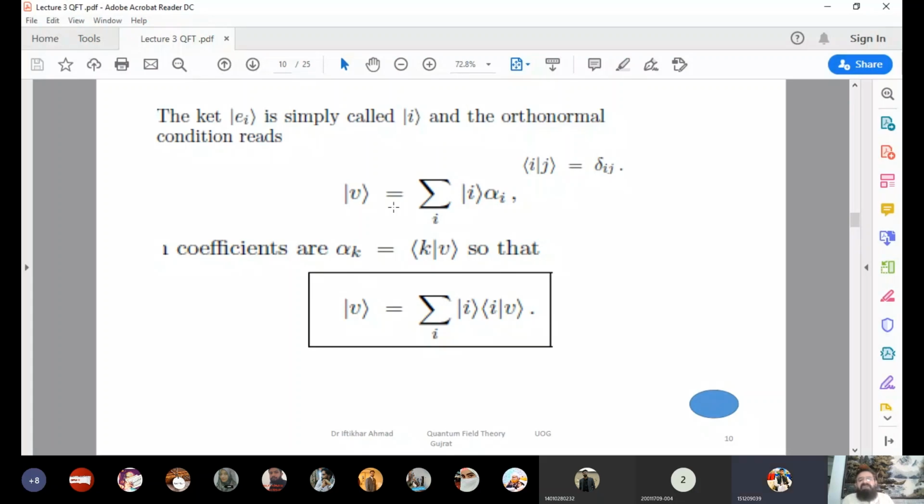That is equal to sigma I, and then alpha I, you put the alpha outside the bracket, and then the ket EI. So EI into EI is also equal to I. So ket I into alpha I. So the coefficients are alpha k, and we can represent alpha k as also equal to bra k into V, so that V is equal to this.